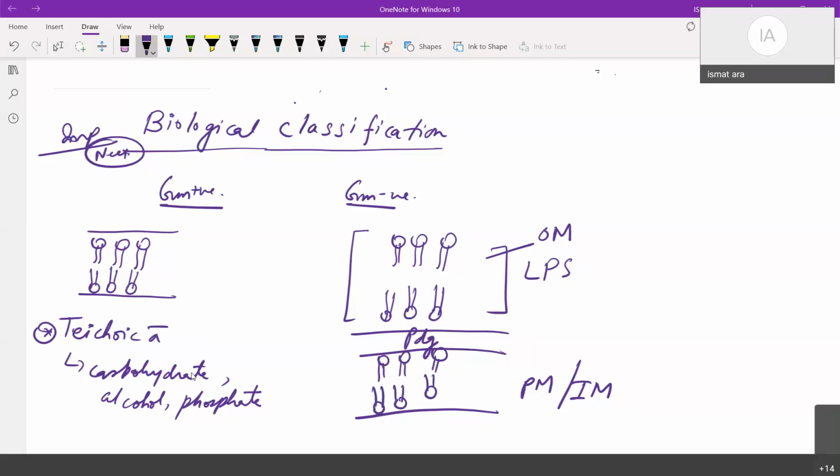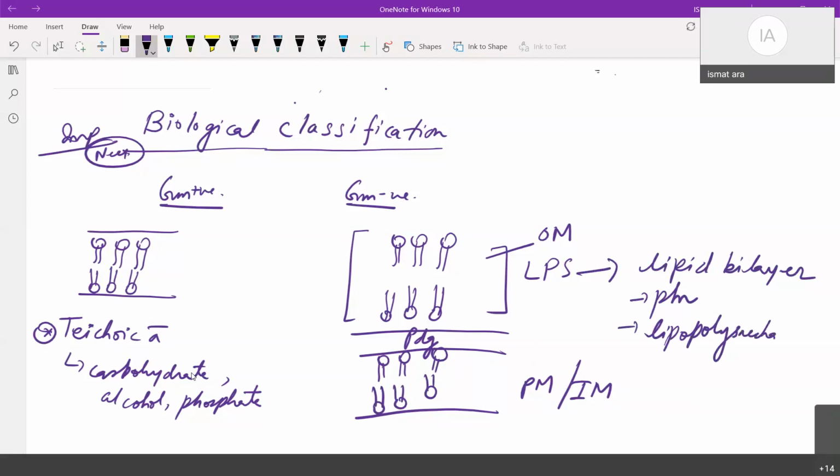So in this lipopolysaccharide layer, lipid bilayer is present, protein is present, and lipopolysaccharide is present. I have not shown protein in the diagram.